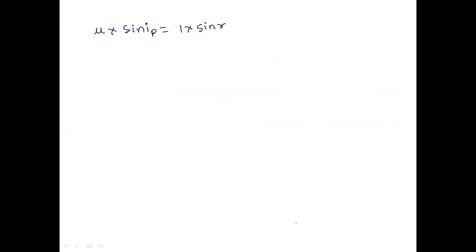Already here we are having the glass, this one is mu G. So since IP plus R according to Brewster's law is equal to 90, mu times sine IP is equal to 1.5 times sine of 90 minus IP.